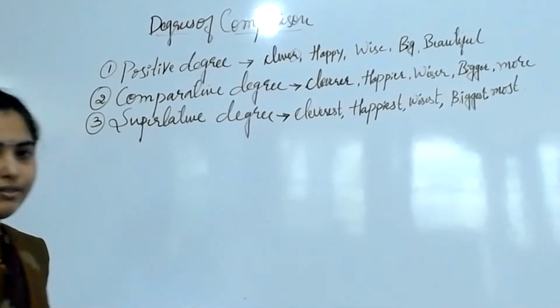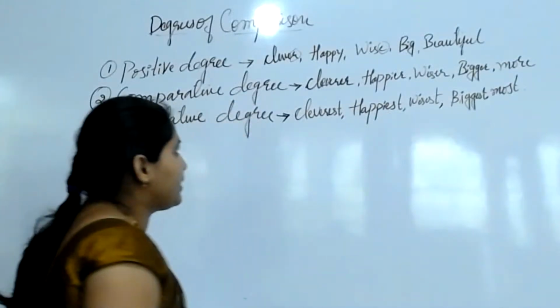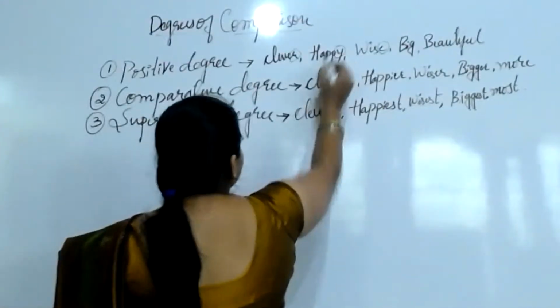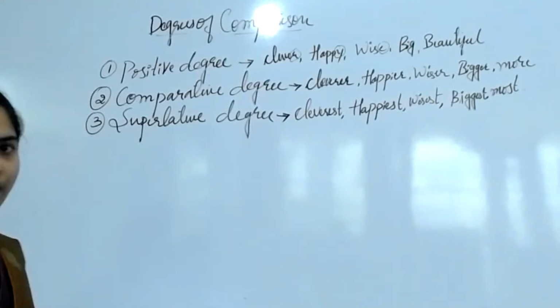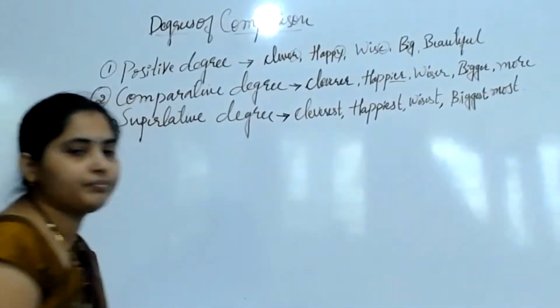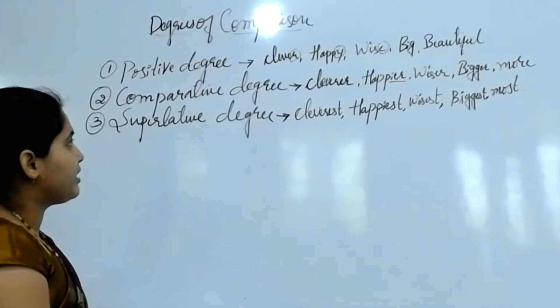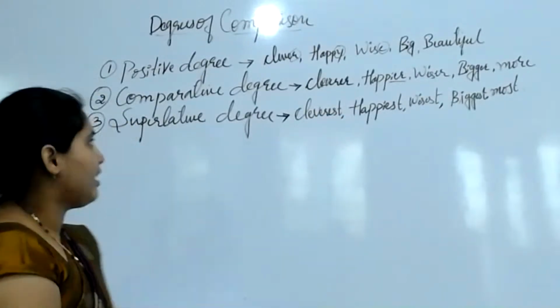If the positive ends with Y, you should remove Y and add IER in the comparative degree.